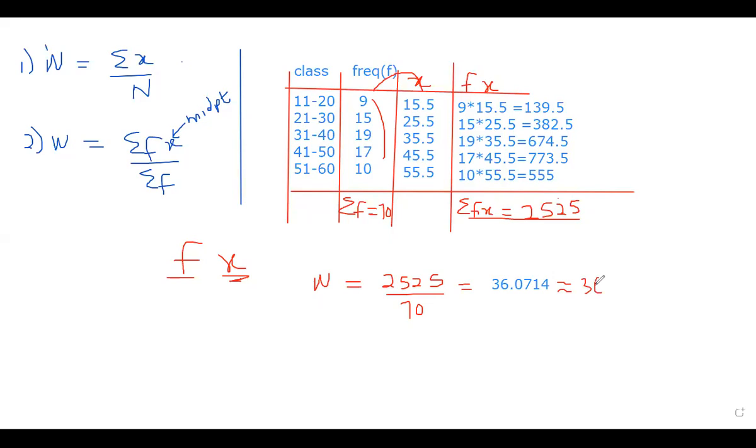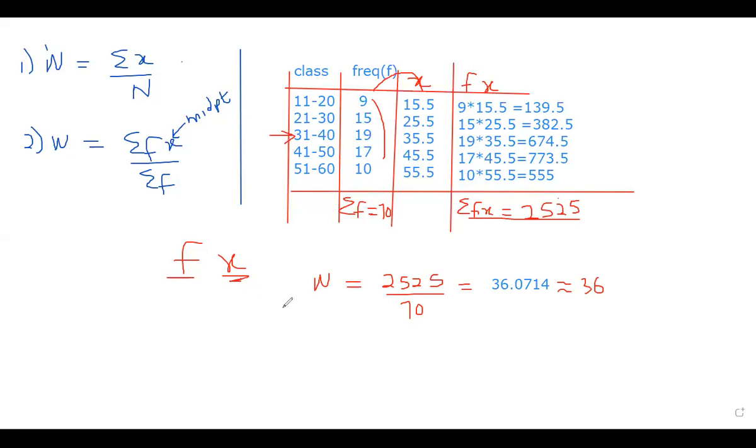So 36 basically means that the center of the data will be in this category, because 36 falls within 31 to 40. Good. And of course, that is the center of the data.